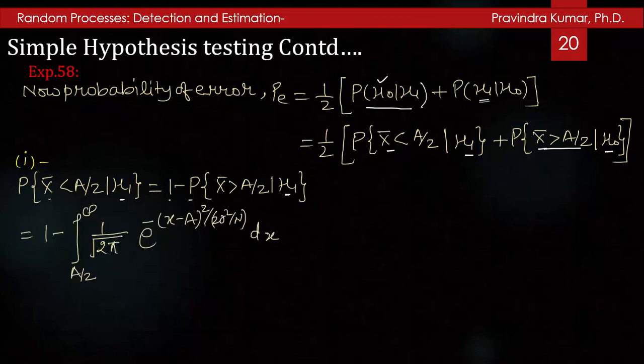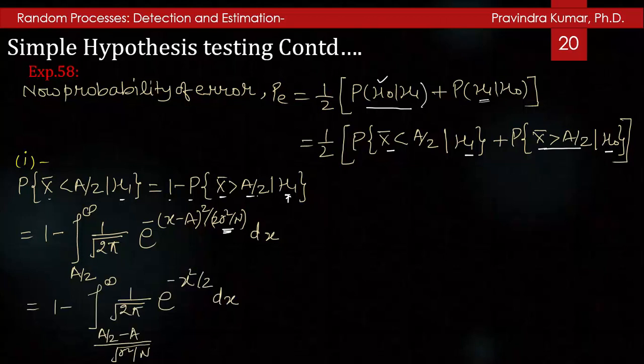So you can write it as 1 minus the integral from A by 2 to infinity of the PDF under hypothesis H1, meaning 1 upon under root 2 pi, e to the power minus (x minus A) whole square upon 2 sigma square by n, as the variance of the sample mean.